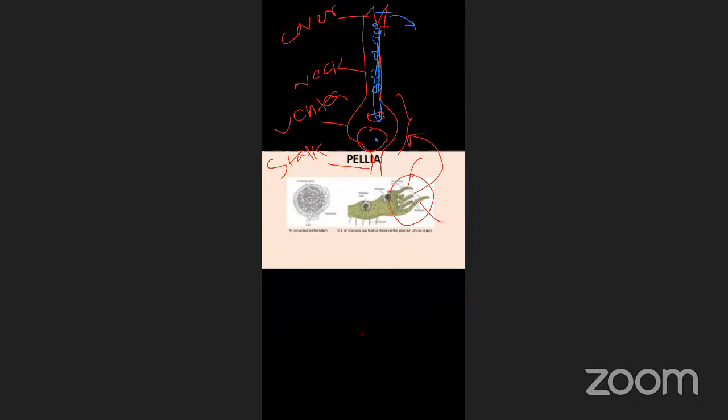Where are these words given? In sporophyte development, sir. Remember, there is no need to write about sporophyte development; only the sporophyte structure is important.